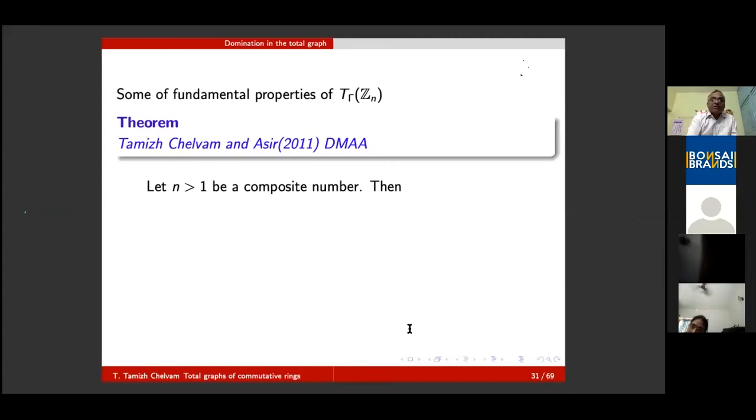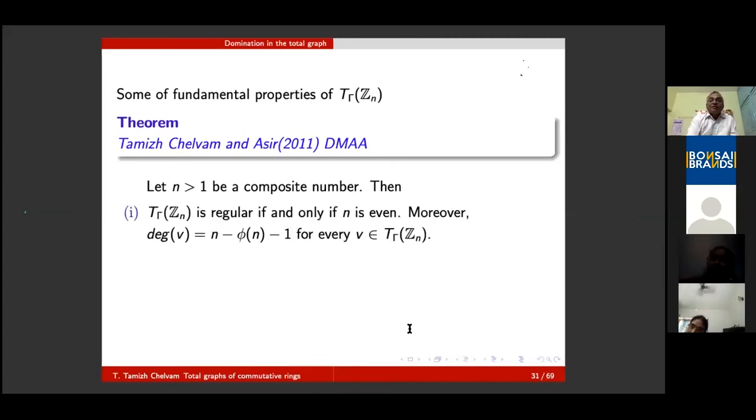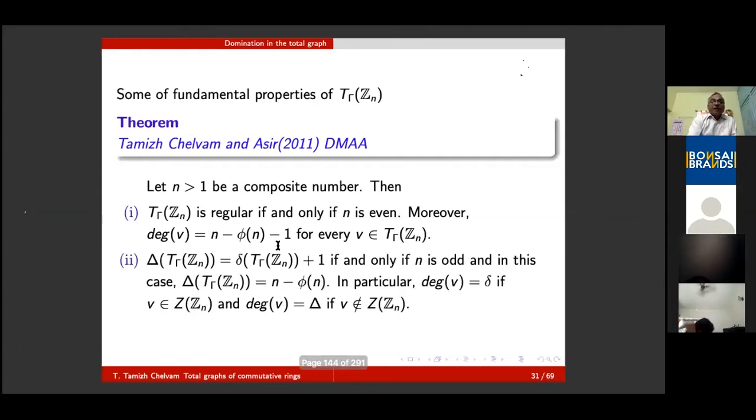Suppose n is a composite number, then T gamma of R is regular if and only if n is even. And in that case, the degree of any vertex is n minus phi of n minus 1, where phi is Euler's function. And in general, when n is odd, the graph is biregular. Biregular means the minimum degree and the maximum degree just differ by 1.